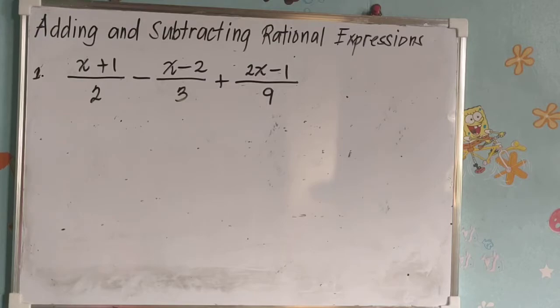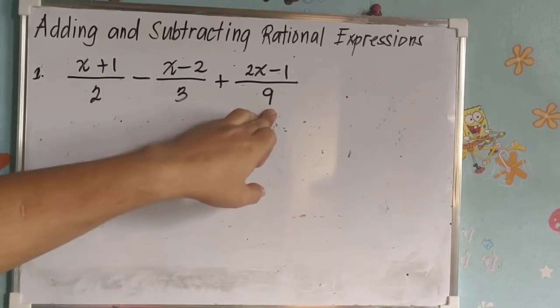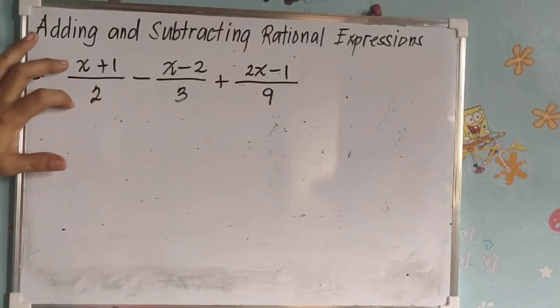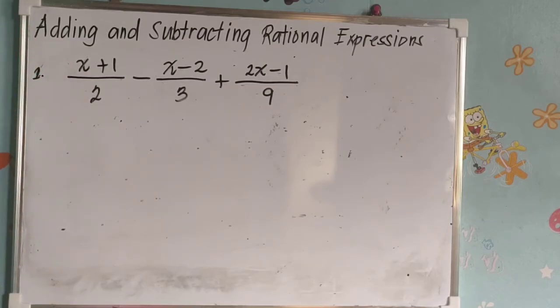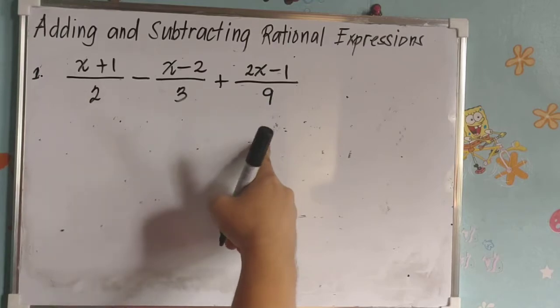So we have now 3 different denominators, namely 2, 3, and 9. Before we can add these 3 dissimilar rational expressions, we need to find first the LCD of 2, 3, and 9.